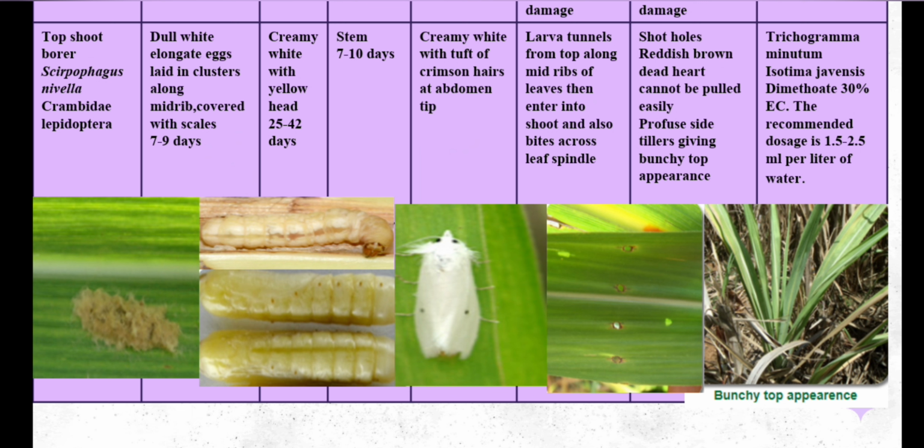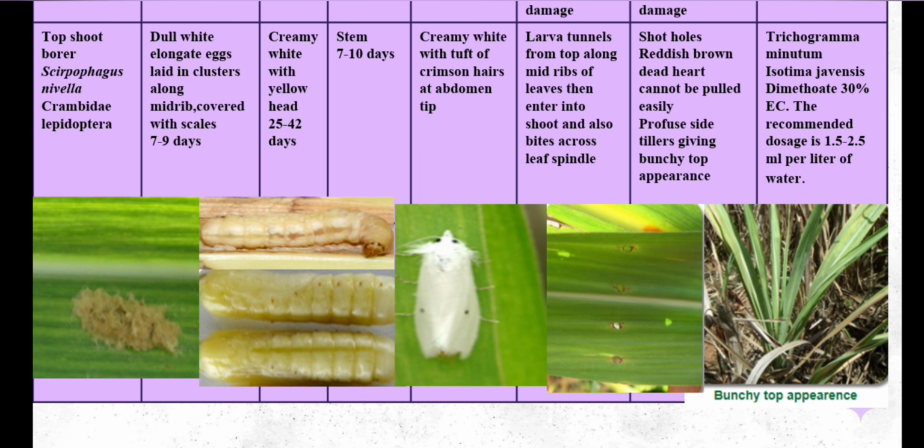So as a result, what symptoms will you see? First, as it is boring into the leaf spindle, which is nothing but folded leaves, all leaves in a folded manner, we call it leaf spindle. So what will happen? Short holes. Suppose you are folding a paper into a roll and you are boring a hole with the help of a pen or pencil from one end to the other end.